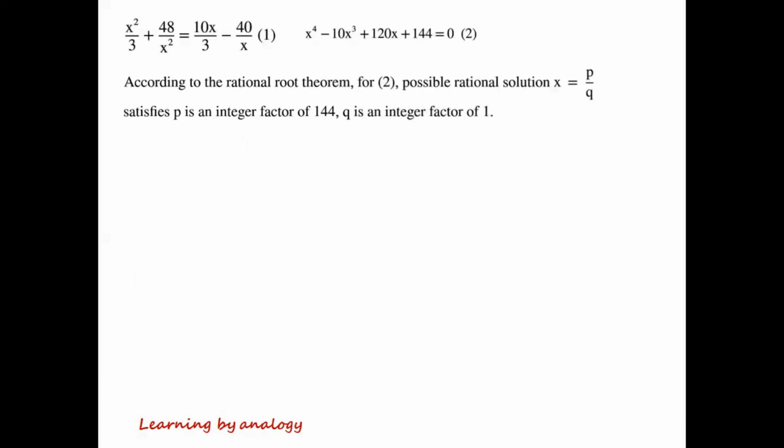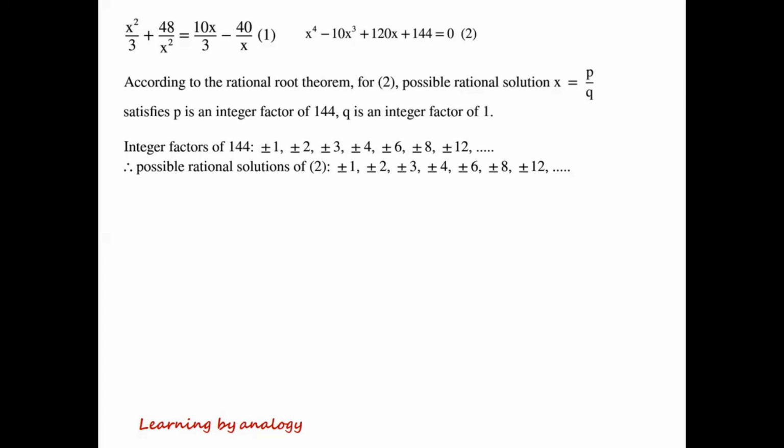According to the rational root theorem, for equation 2, a possible rational solution x equals p over q satisfies: p is an integer factor of 144, and q is an integer factor of 1.